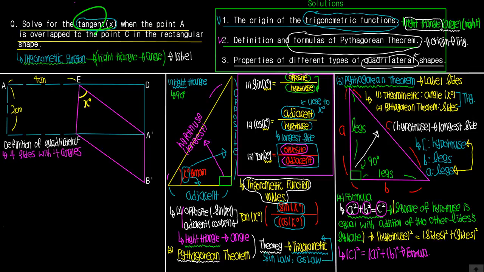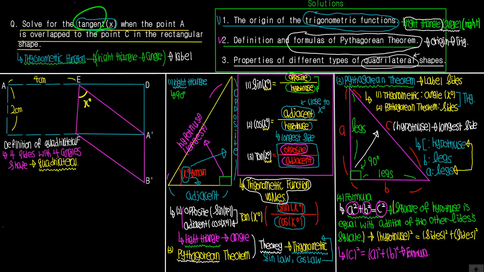And what do we call this? We call it a quadrilateral. So this is the definition of our quadrilateral. That is the main idea in our question in the trigonometric function.